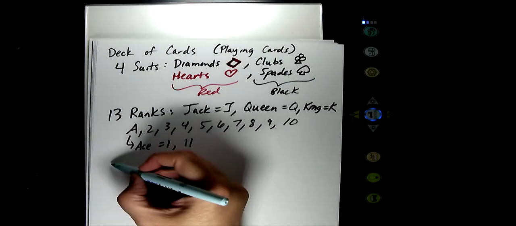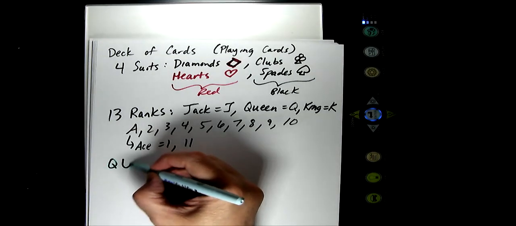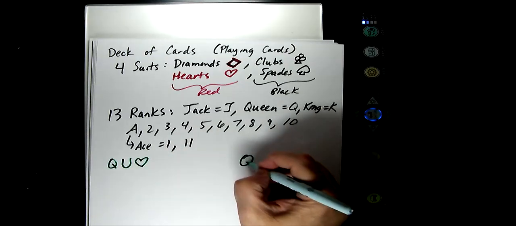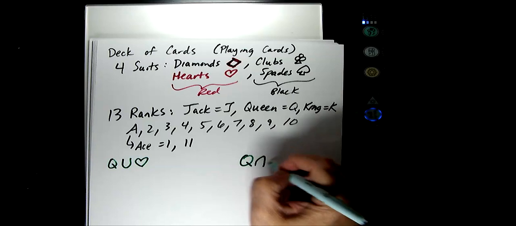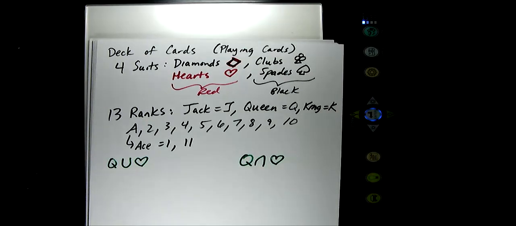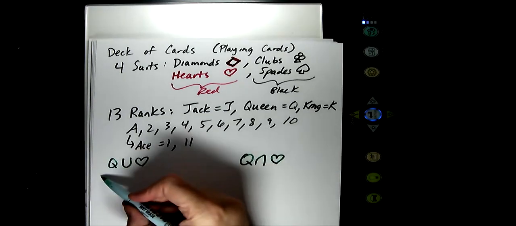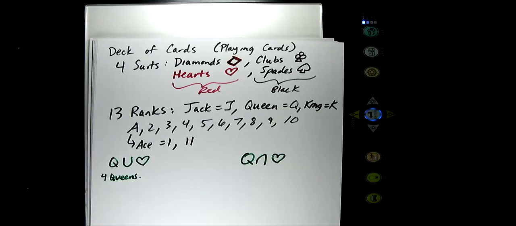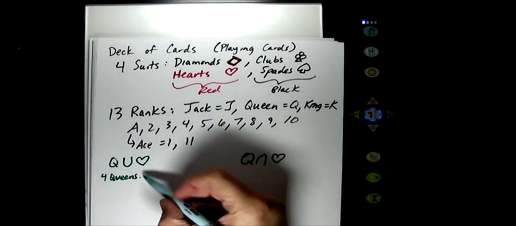So we could look at Queen Union Heart. And we can look at Queen Intersect Heart. So for the Queen Union Heart, there's 4 queens, one for each suit.